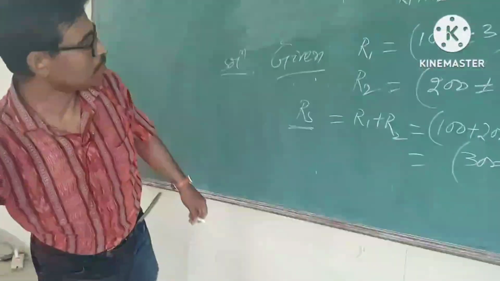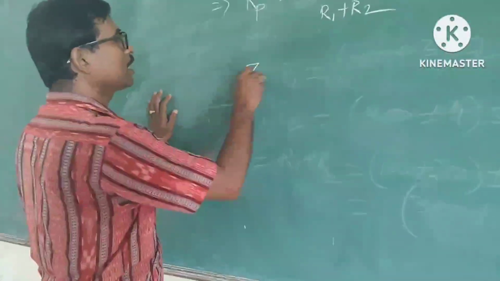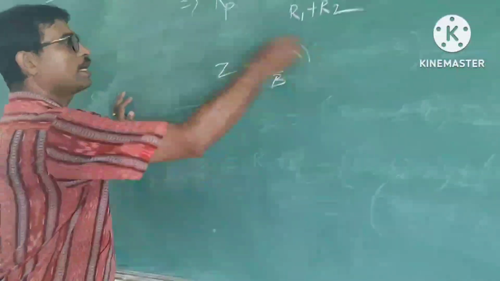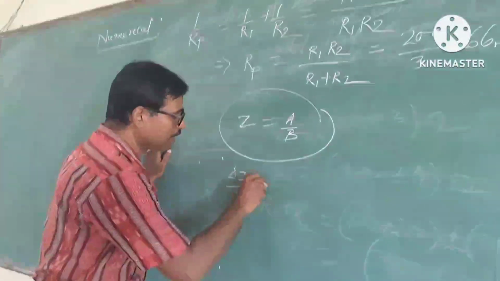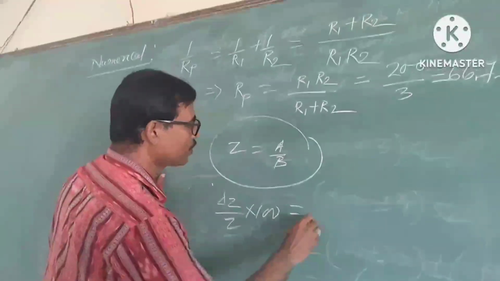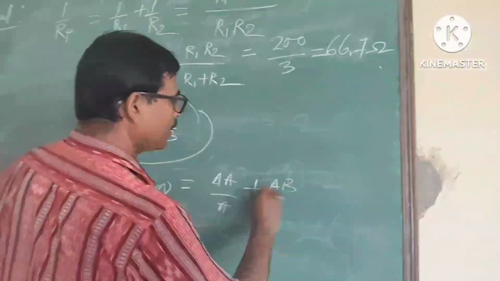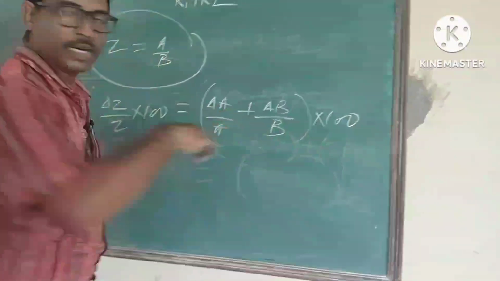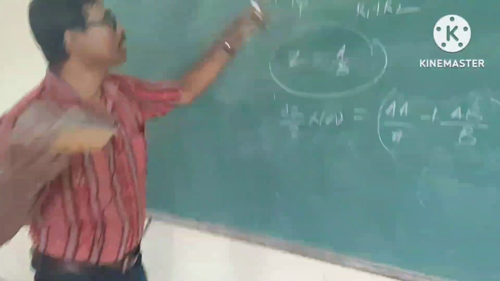Okay, now percentage error, very interesting and difficult also. If you do not understand, follow this one. When you are writing Z is equal to A by B, how do you write the percentage error? Delta Z by Z into 100 is equal to delta A by A plus delta B by B into 100. In percentage error we have already read, but here you will do it in this manner.